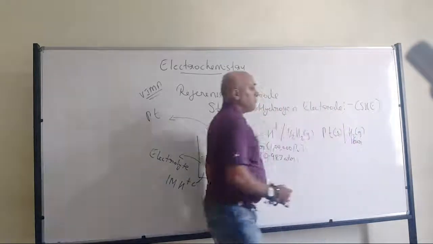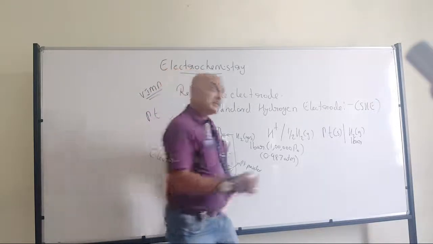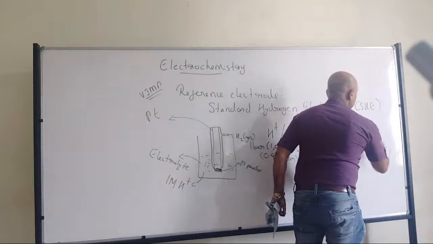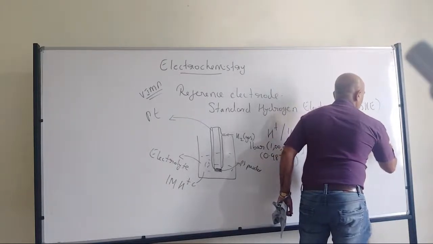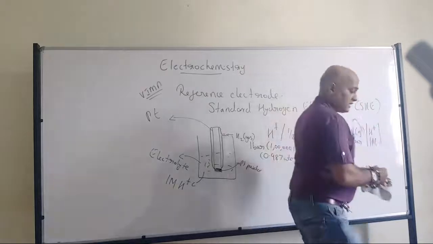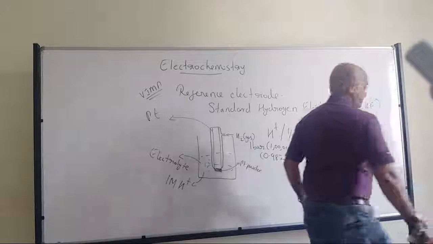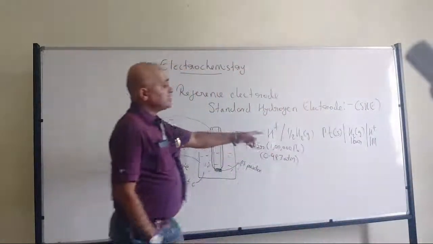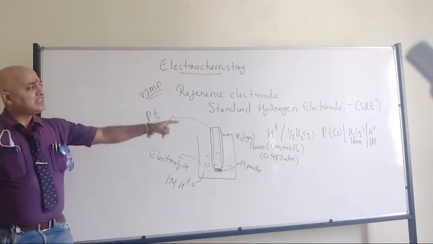Concentration is 1 bar. Now, this is in contact with H plus. What is the concentration? 1 molar. Oh, sorry. Another line should not be there because we don't have another half cell. So therefore, this should be the representation of the standard hydrogen electrode.